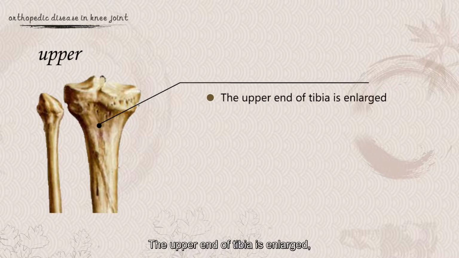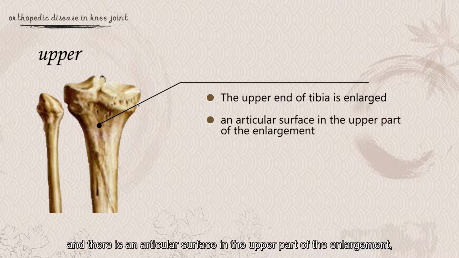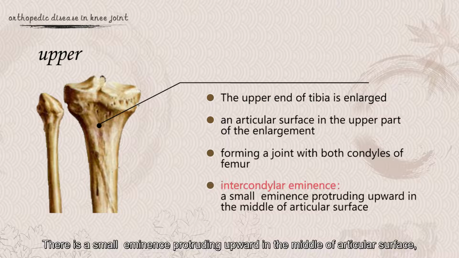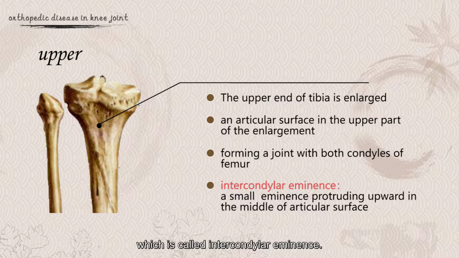The upper end of tibia is enlarged, and there is an articular surface in the upper part of the enlargement, forming a joint with both condyles of femur. There is a small eminence protruding upward in the middle of articular surface, which is called intercondylar eminence.